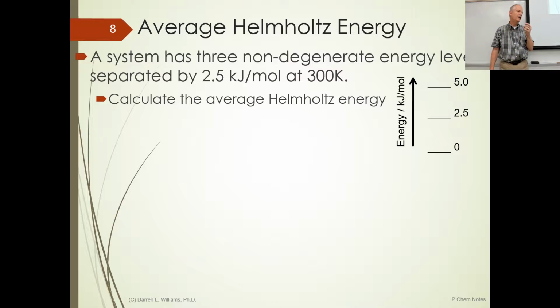And that's for a constant pressure. So you might want to write that down. The Gibbs free energy determines spontaneity for constant pressure systems. The Helmholtz free energy is spontaneity in constant volume systems.